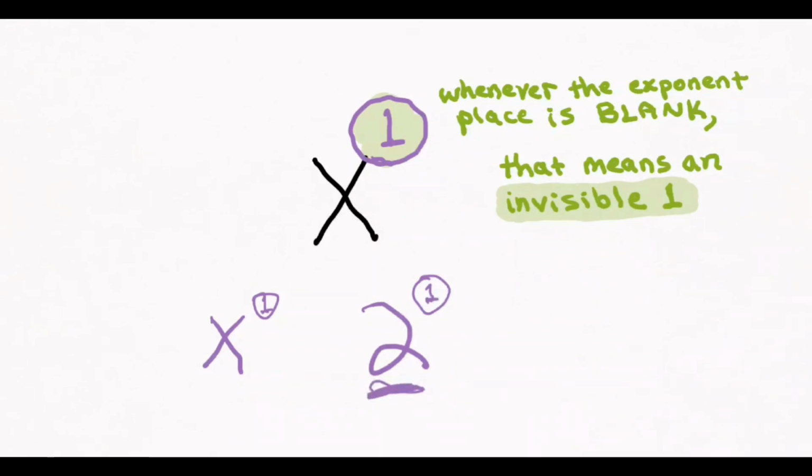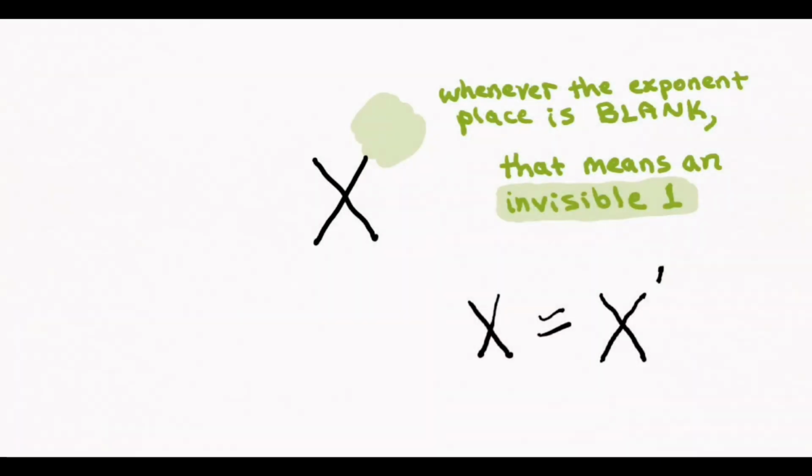Because 2 to the power of 1 just means 2. You're only having one 2, so there's no second 2 to multiply by itself. So 2 to the power of 1 is 2, and x to the power of 1 is x. If you don't have anything up here, it's just implied as 1.